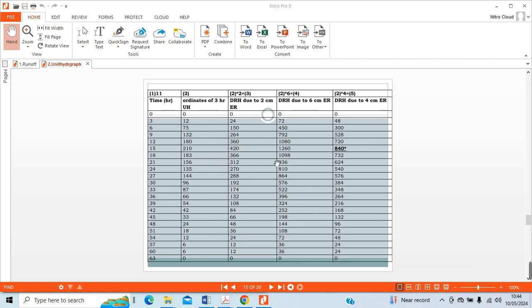10 into 4, how much? 840. Then gradually it decreases, 70, 32. Before this value it gradually increases, but after this value 840, it decreases.